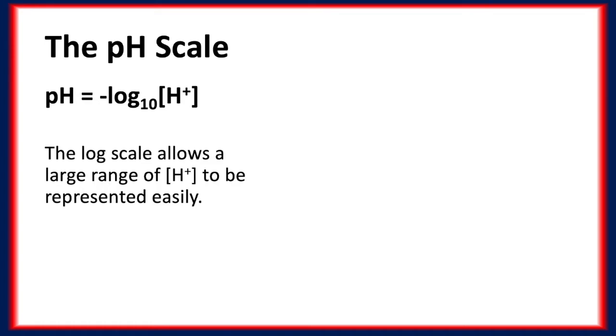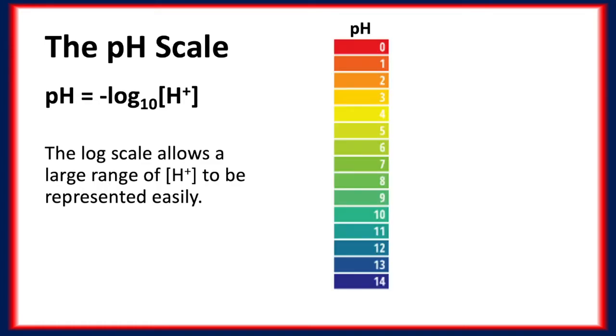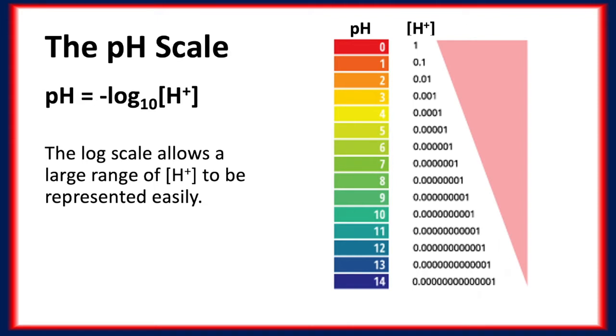So let's look at the pH scale. The pH is defined as minus log to the base 10 of the concentration of hydrogen ions in solution. Why do we need to use a logarithmic scale? Well, these are our pH values that go from 0 to 14, and these are the concentrations of hydrogen ions that they represent.